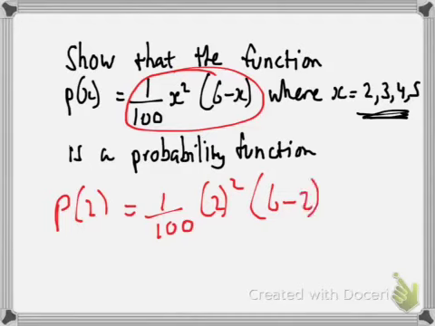So you can see all I've done there is put 2 where x is. If I multiply across the top, 2 squared is 4, times another 4 is going to be 16 on 100. We could cancel that down, but we don't really need to. We can just leave it as 16 on 100.